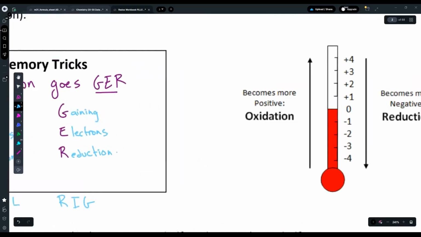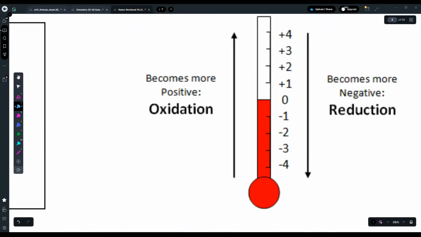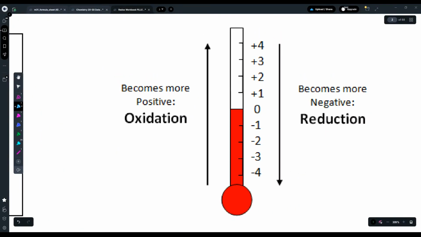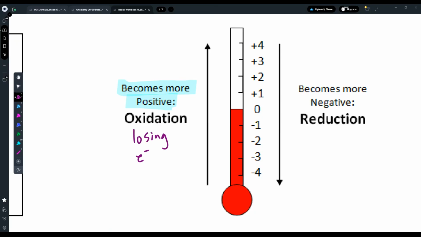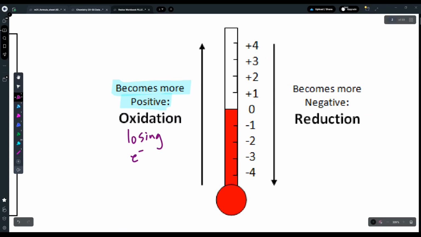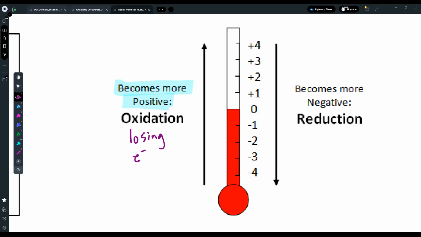Okay, so with oxidation and reduction, what happens to your substance with oxidation is your substance is going to become more positive. That's what happens in oxidation, and the reason why that happens is because you are losing electrons. Now, in reduction, your substance is going to become more negative, and the reason for that is because you're gaining electrons.